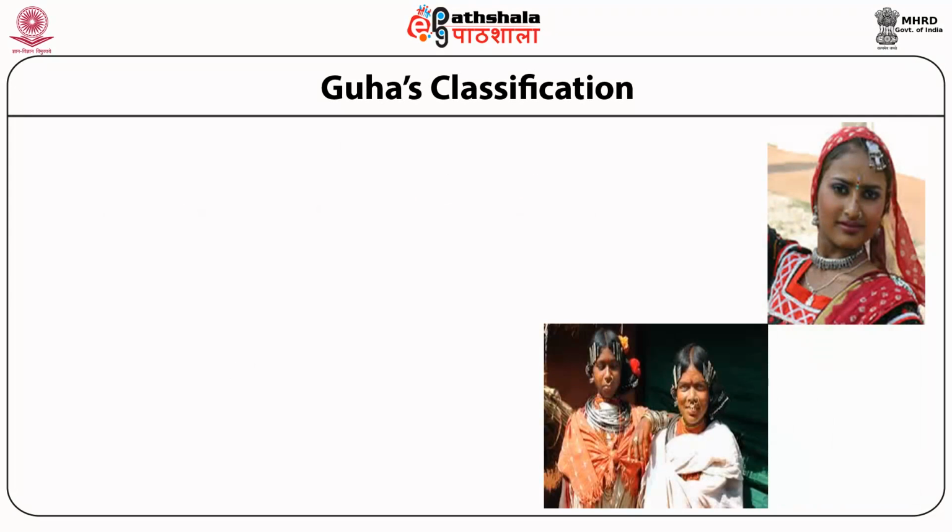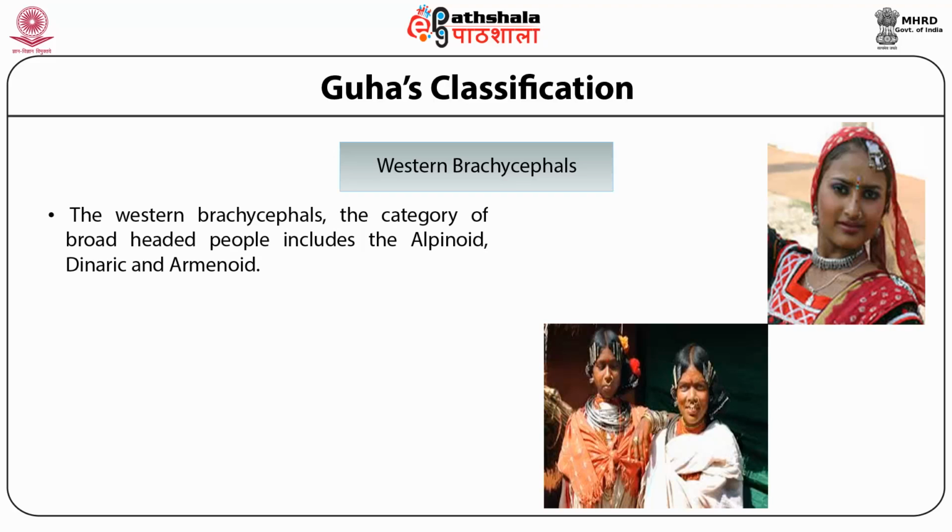The fifth type is Western Brachycephals. It is believed that more than one type of broad-headed ethnic group entered into the composition of Indian people. They can be distinguished into three types, that is Alpinoid, Dinaric and Armenoid.